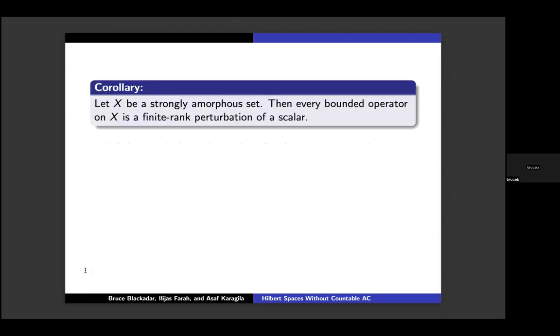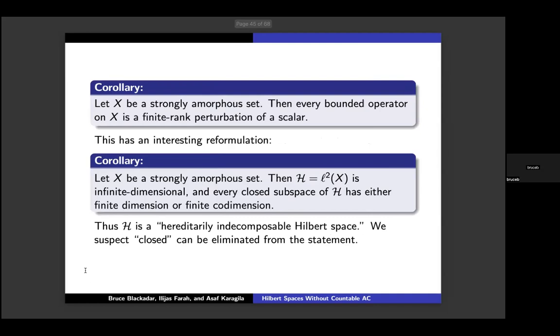And if X is strongly amorphous, this implies that every bounded operator on X is a finite rank perturbation of a scalar. So there's a nice reformulation of this.